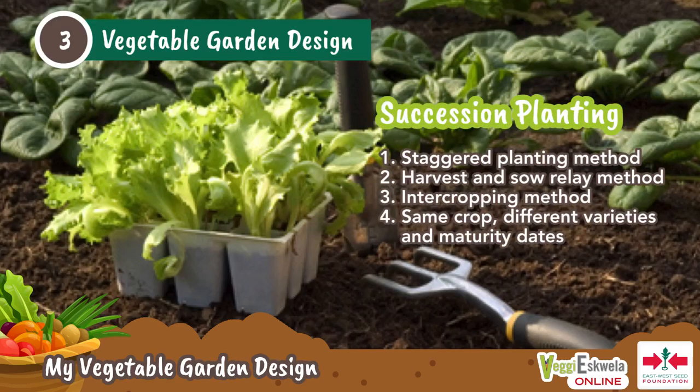Succession planting allows you to enjoy the fruits of your labor continuously rather than all at once. Succession planting, also known as second planting or successive planting, allows you to harvest continuously by staggering propagation of the same or different crops, or planting multiple varieties with different maturing dates.